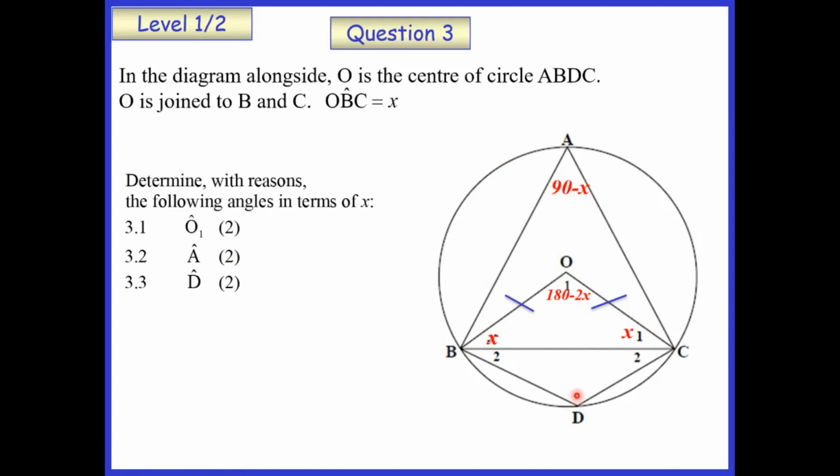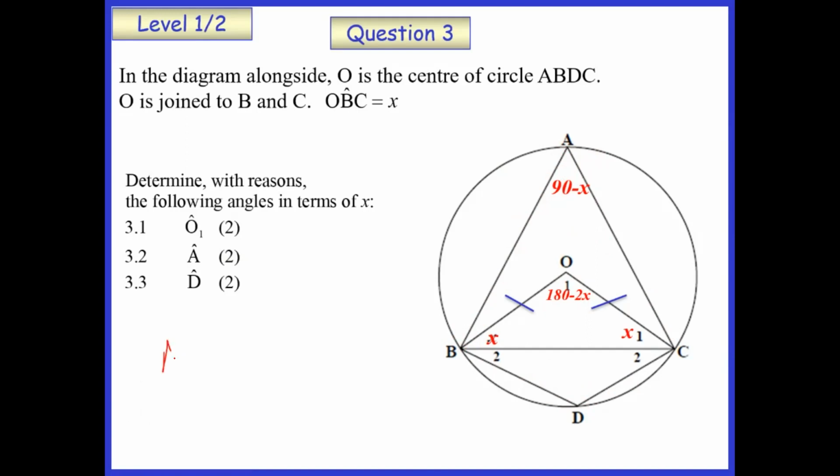Anyone that knows how we're going to find D? Cyclic quad. A, B, D, C. So we're going to take 180 minus 90 minus x. Some of you might have a problem with that, so I'm going to write that down.